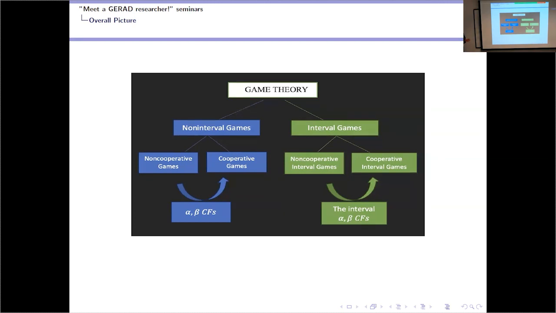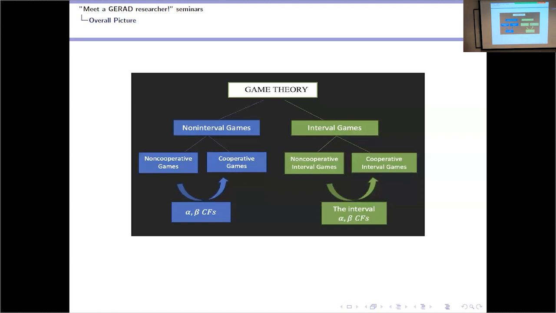From this perspective, these characteristic functions provide a connection, let's say a bridge, between non-cooperative and cooperative games. And further, valuable analytical tools to understand how players can collaborate, negotiate, and distribute gains in a variety of games.